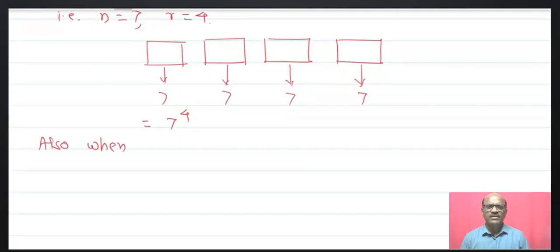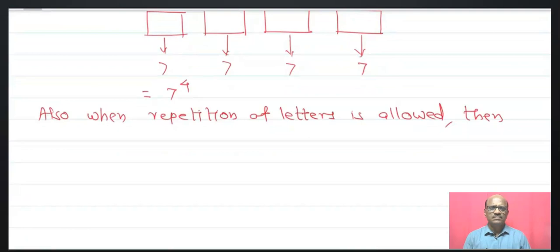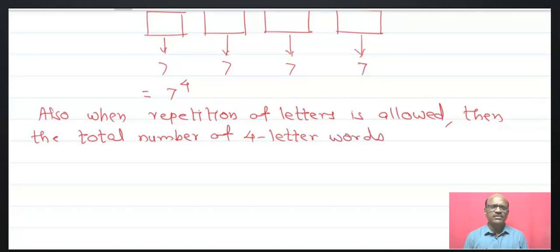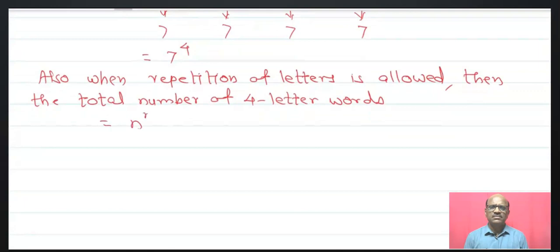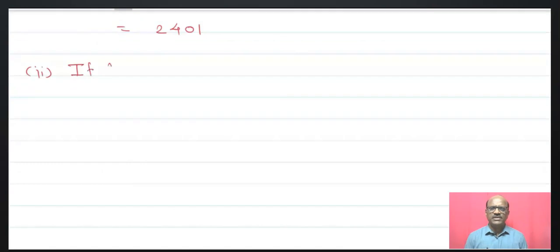Also, when repetition of letters is allowed, then the total number of 4-letter words is n raised to r, that is 7 raised to 4. Therefore, the answer is 2401.